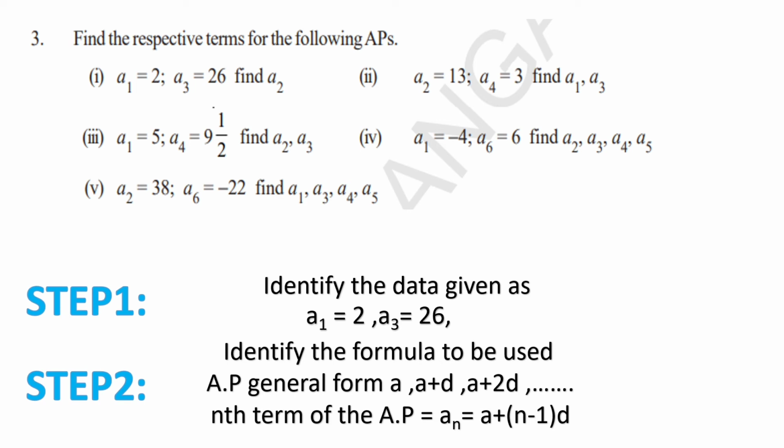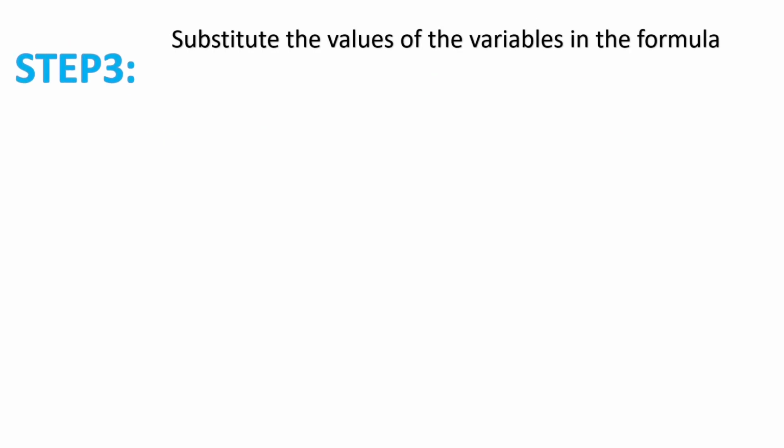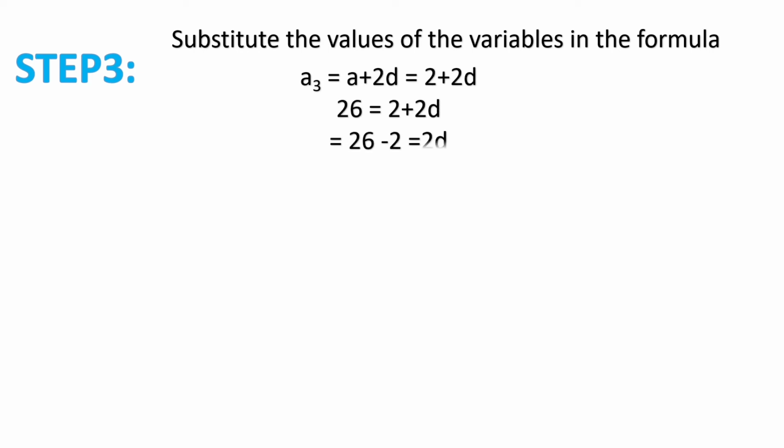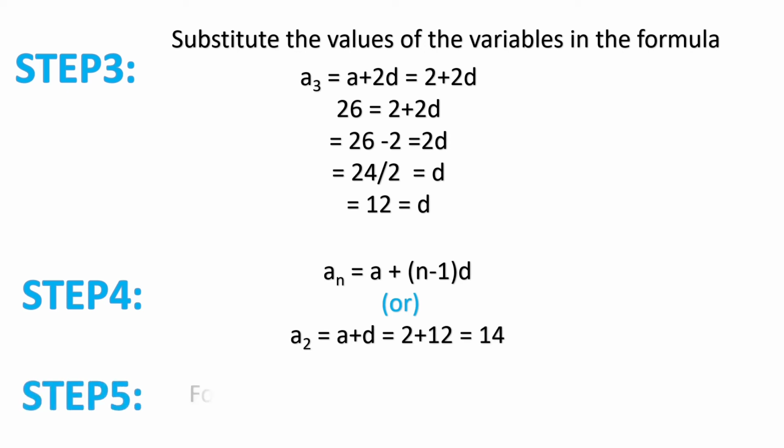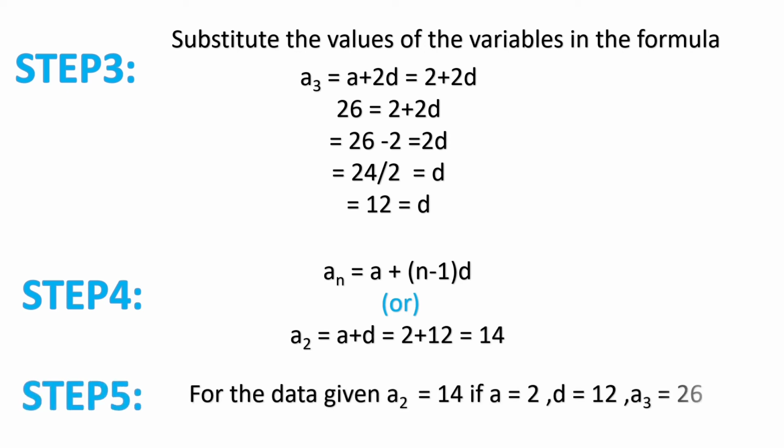In the third step, we have to substitute the values of those variables in the formula identified. That is, A3 is given as 26. So we write the formula of A3, A plus 2D. And then when you substitute the value of A in this formula, you get the value of D as 12.